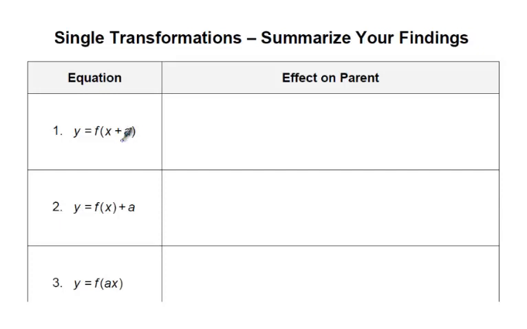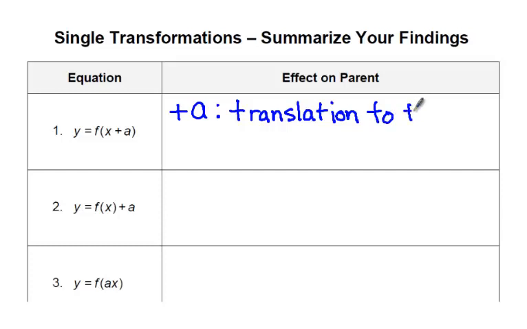The first one, number one here, when you add a to x, if it is a positive a, it causes a translation to the left.